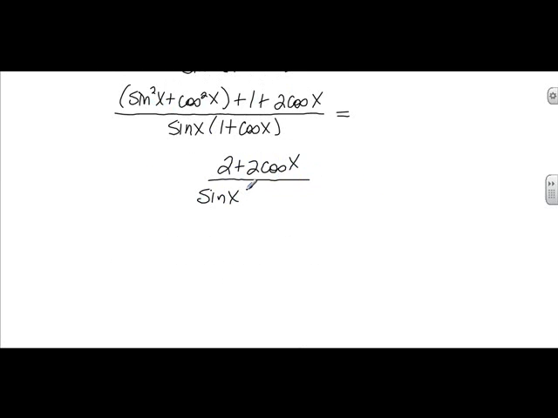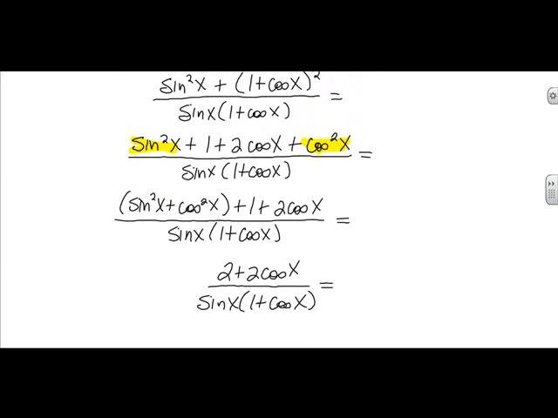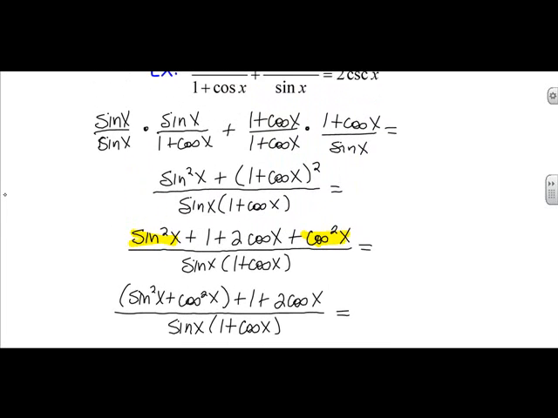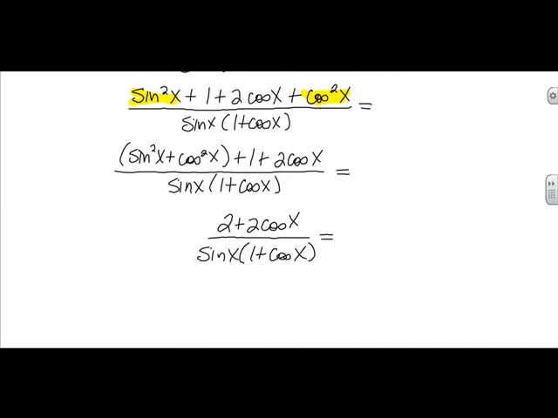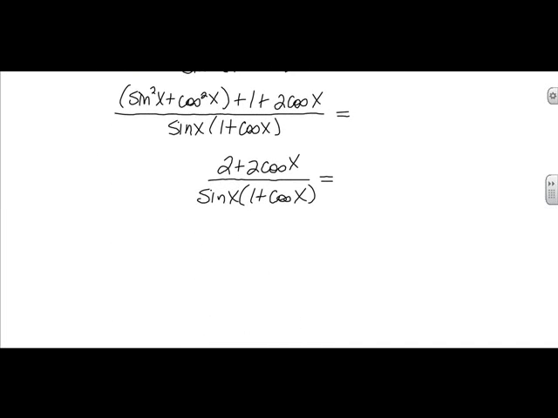Okay, now I'm going to scroll back up because I've kind of forgotten what I'm trying to get here. All right, so the right side, I'm trying to make the left side match 2 cosecant x. Since cosecant is 1 over sine, the sine that I have in the denominator is a good thing. What I'd like to do is get rid of the 1 plus cosine x. Well, notice that the two terms in your numerator have a common factor of 2.